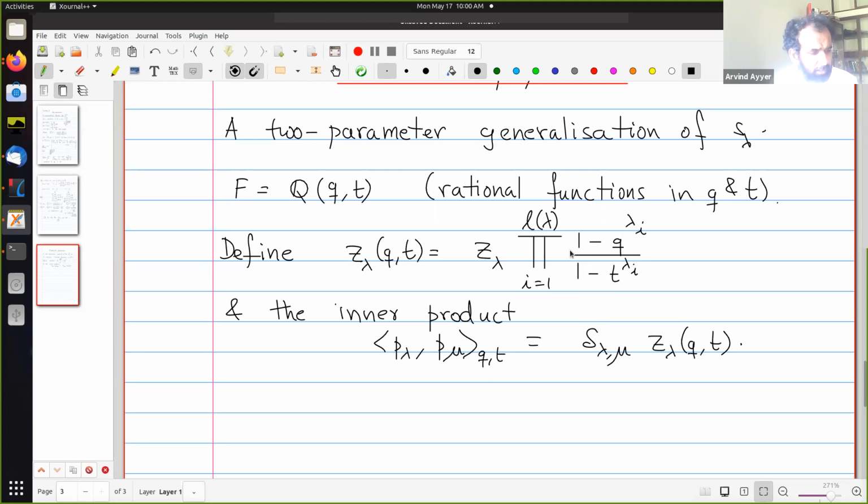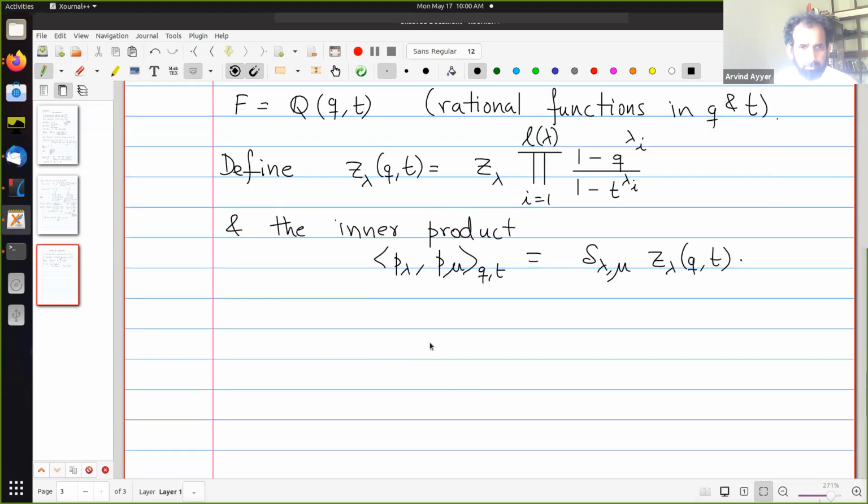And why is this a good thing to do? To see that, the first thing is a generalization of the Cauchy identity. So I need some notation for that.